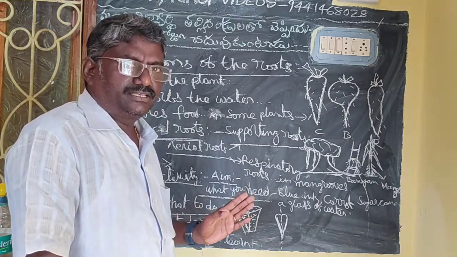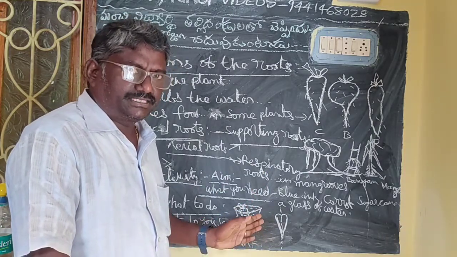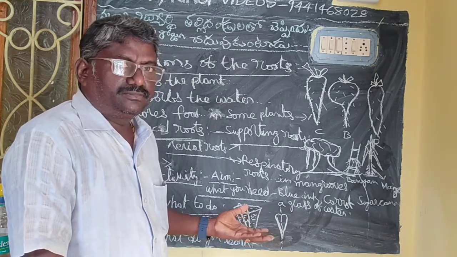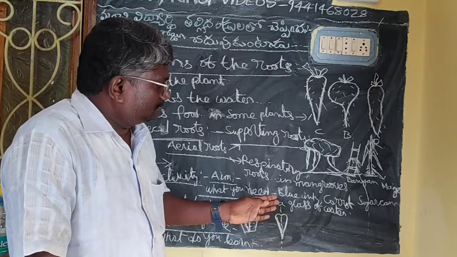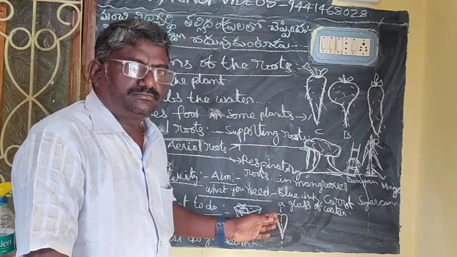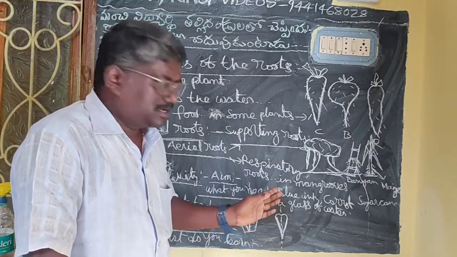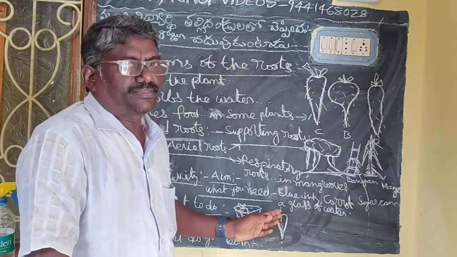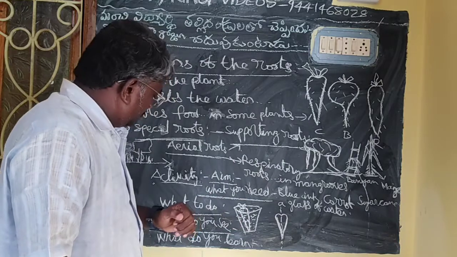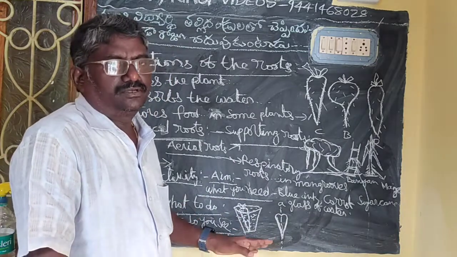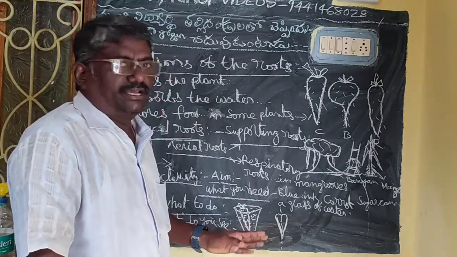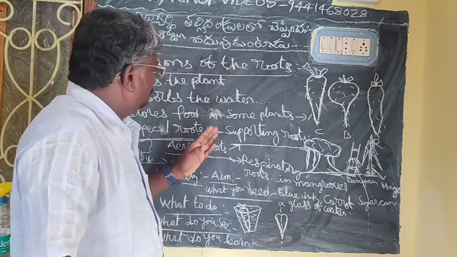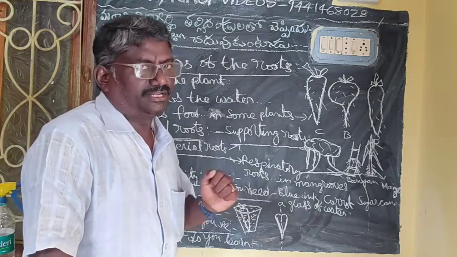After 3 days, if you cut the carrot into half, you may observe the bluish color on the inner part. What do you learn? We can learn the root system absorbs the water from the soil.